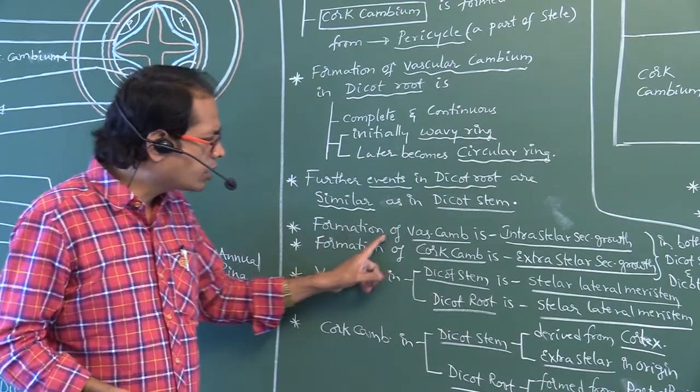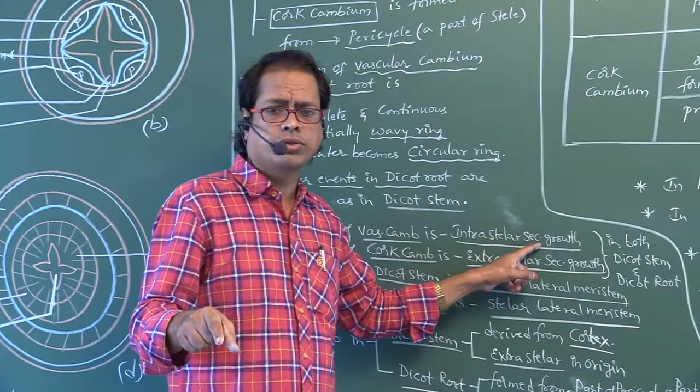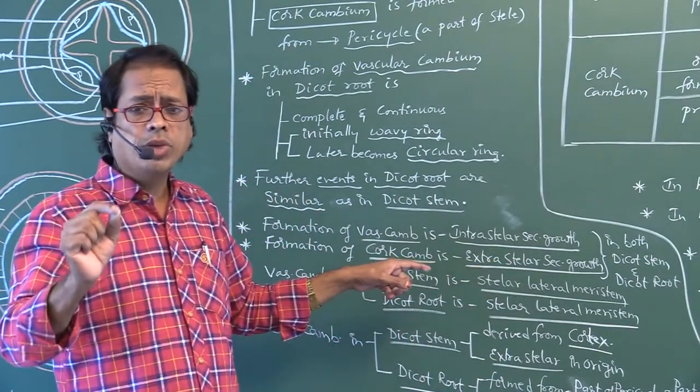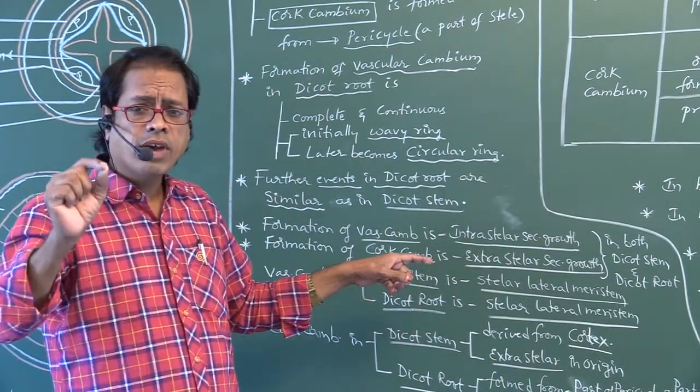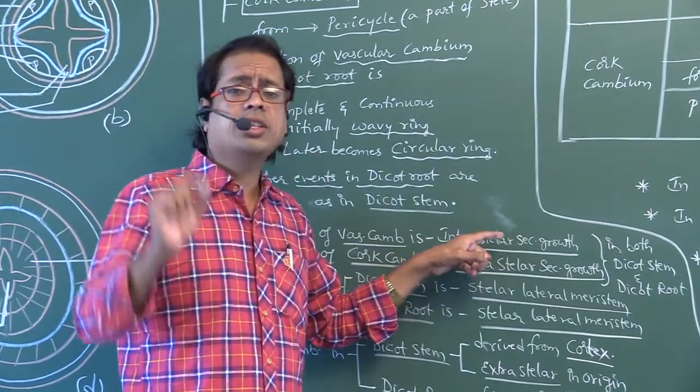So formation of vascular cambium is intrastelar secondary growth; it occurs in the stele, so it should be considered stelar secondary growth.